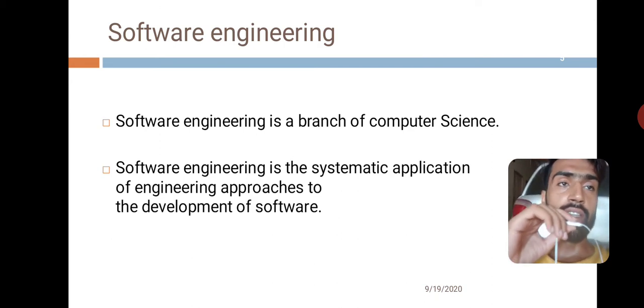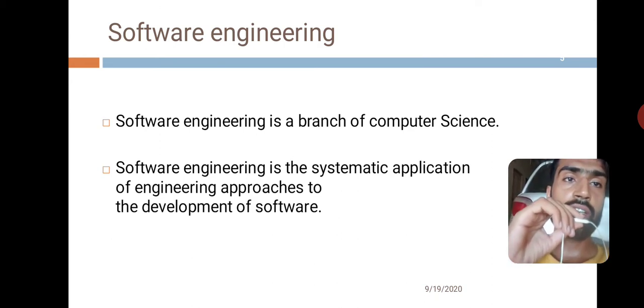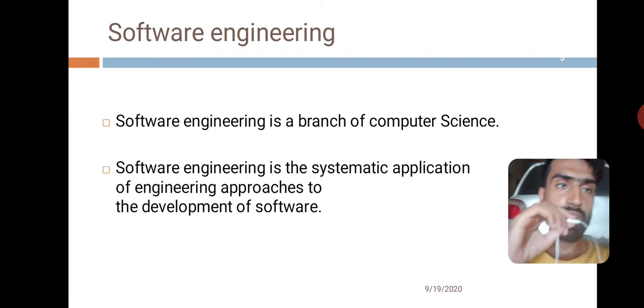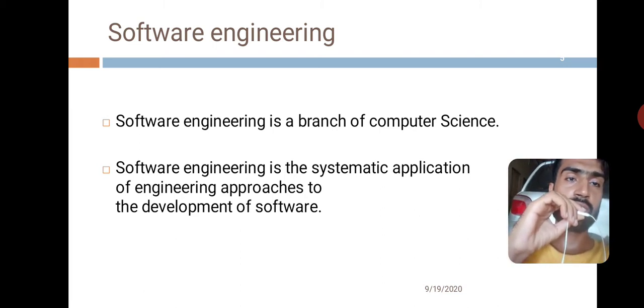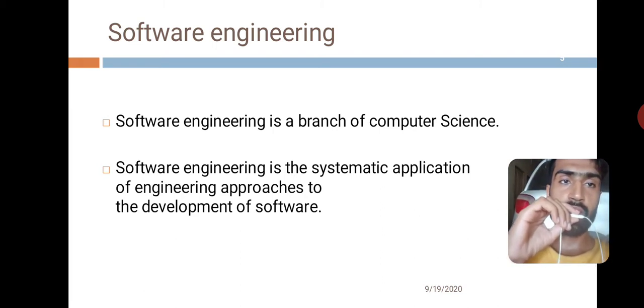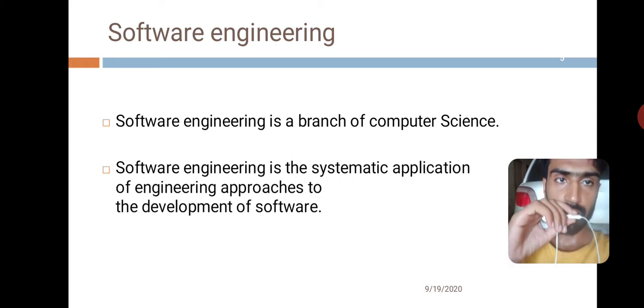Software engineering is a branch of computer science. Software engineering is the systematic application of engineering approaches to the development of software.